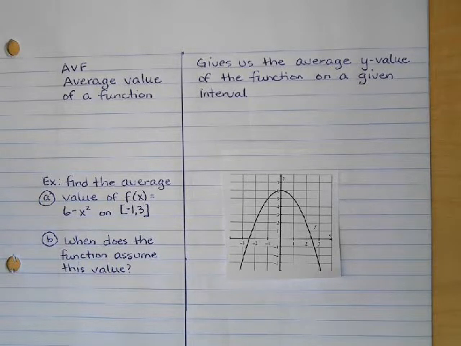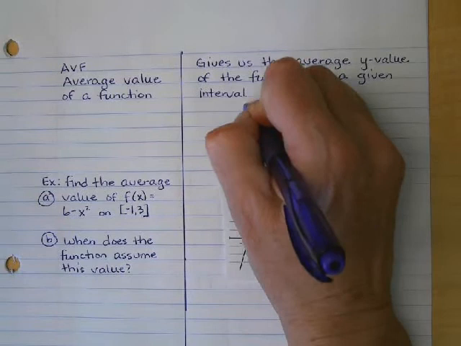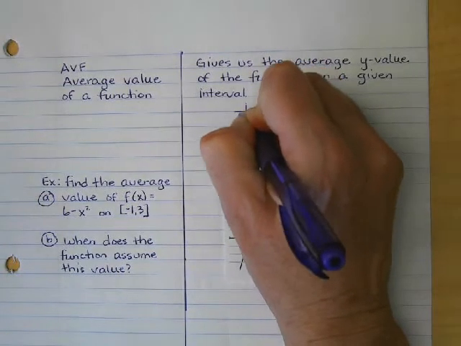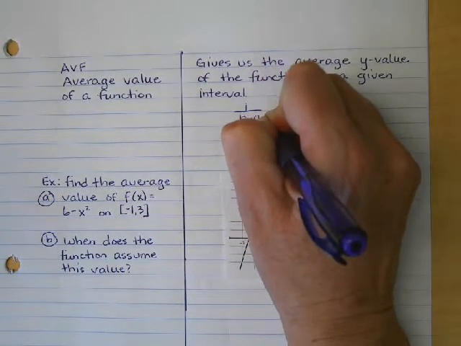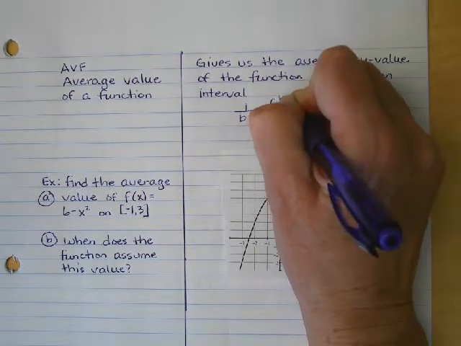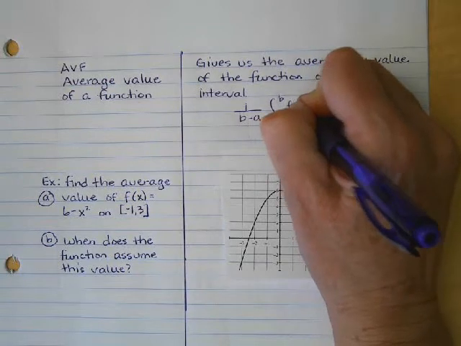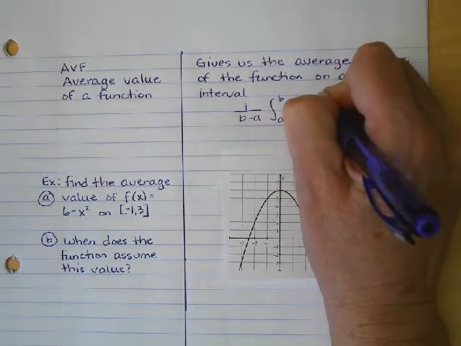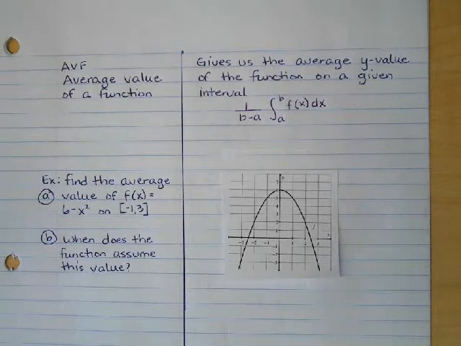Because we are online, I don't want to make it more complicated than it needs to be, so I'm just going to tell you the formula: 1 over b minus a times the integral from a to b of f of x dx. That's going to give us a nice little average.